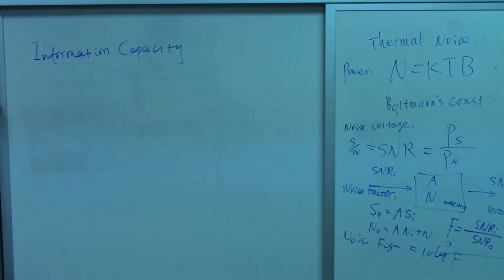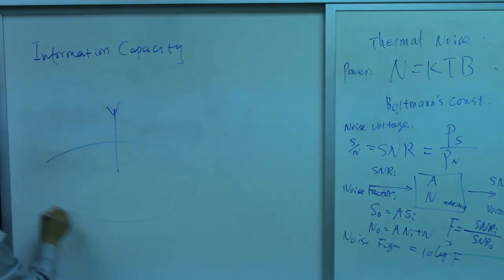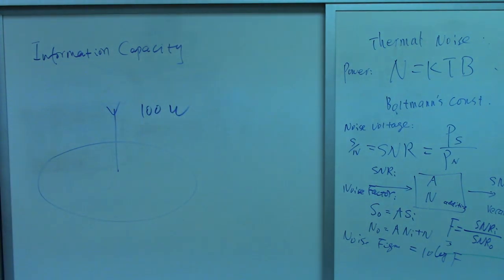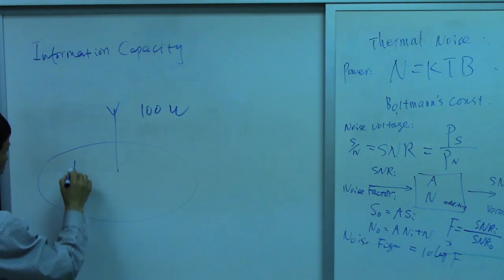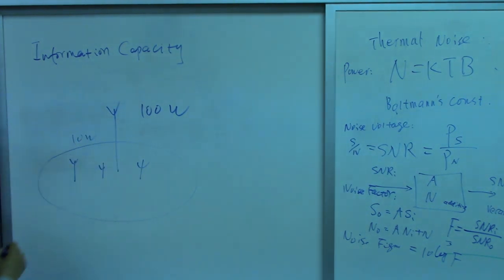For example, in mobile wireless communications, they can use one transmitter to supply the whole city. For example, this one equals 100 watts, just making up some numbers. Or they can make smaller ones, using 10 small ones, each 10 watts.